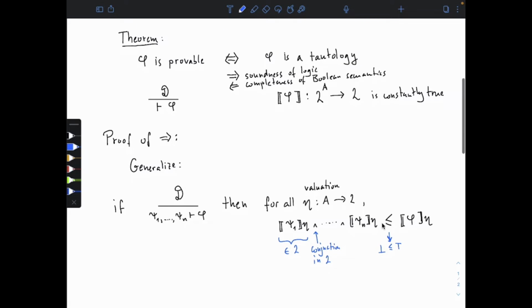And so why is this a generalization? Because let's look at what we had here. Here we had the empty context. So if this is the empty context, what is the empty conjunction? The empty conjunction is the neutral element for conjunction, which is true. So when n equals 0, when there are no hypotheses, we need to replace this with true. So then it would be that true is less than or equal to phi of eta for all eta from A to 2.